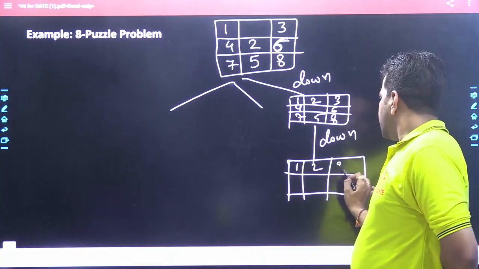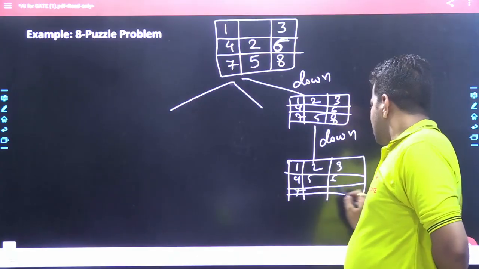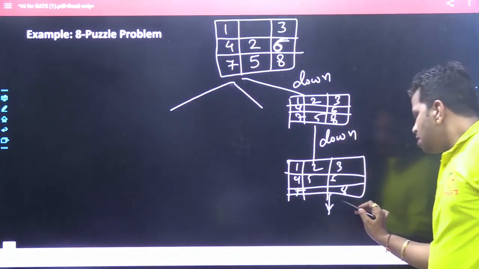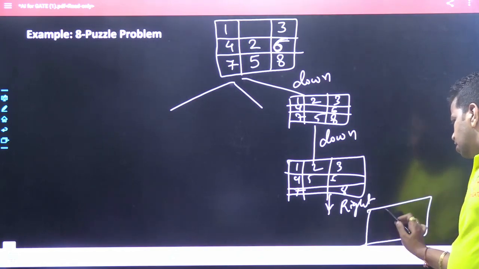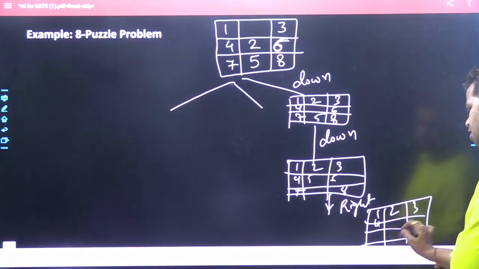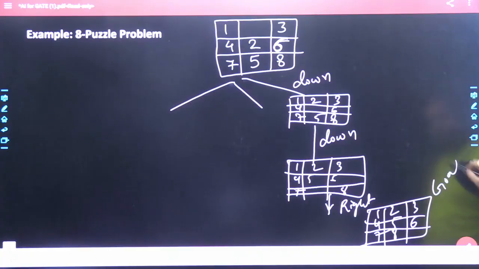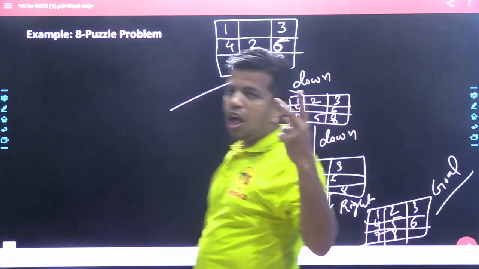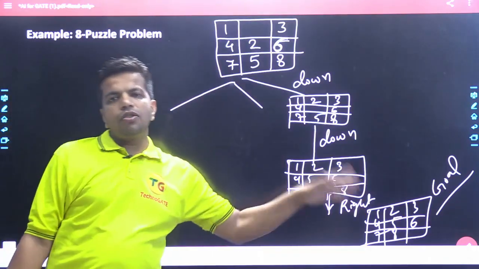So 1 2 3 4 5 6 7 8. Now choose right. So 1 2 3 4 5 6 7 8. That would be your goal. So we need to perform down, down, right, like that.